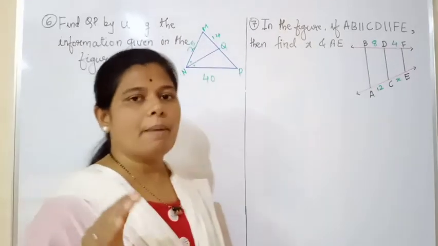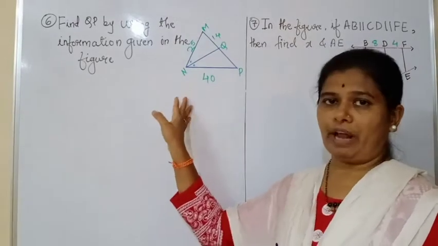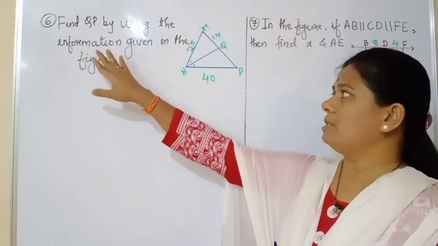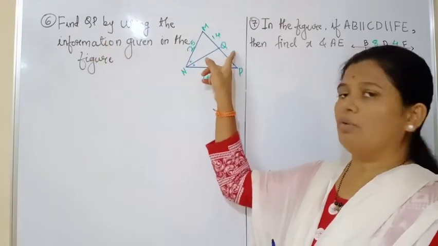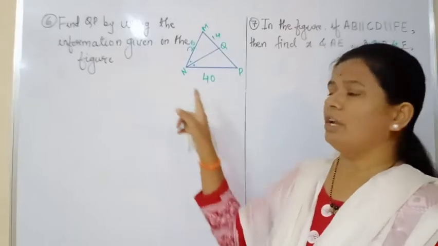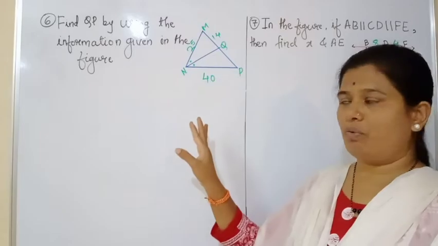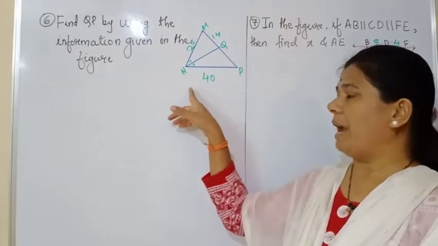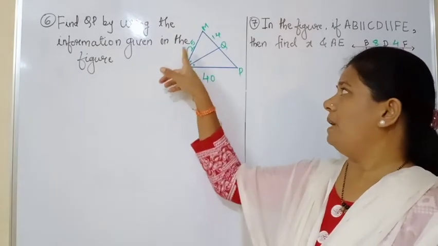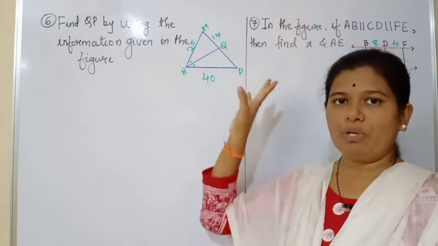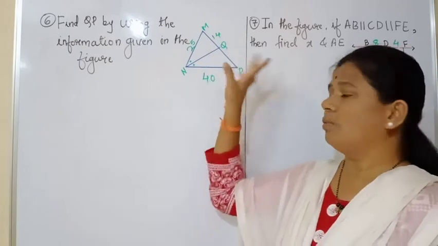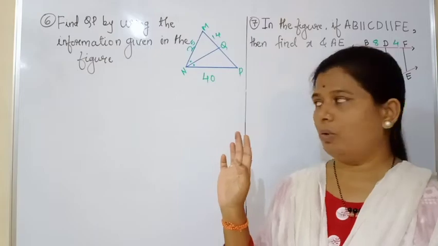In the 6th example I have drawn the diagram, and it asks us to find QP by using the information given in the figure. In the figure, the measurement of NP is given as 40, MN is 25, MQ is 14, and we have to find QP.